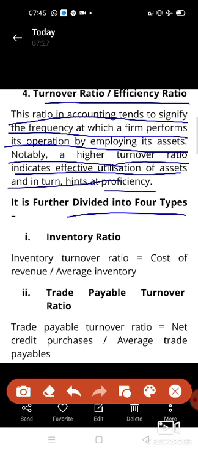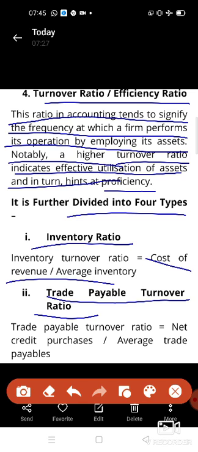It is further divided into 4 types. Number 1, inventory ratio. Number 2, trade payable turnover ratio. Inventory ratio equal to cost of revenue divided by average inventory. Trade payable ratio, that is net credit purchase divided by average trade payable.